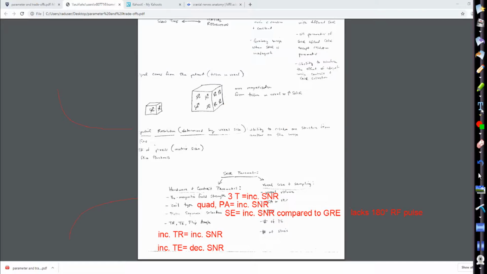And then our flip angle. What's the most important thing to remember about our flip angle? It's usually, for spin echo, 90 degrees is the best flip angle. But we're not always working with a spin echo pulse sequence. So our flip angle at our Ernst angle is going to give us our best SNR.